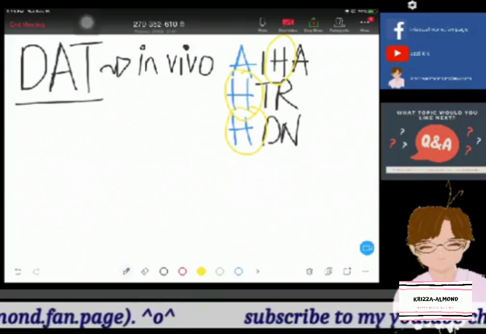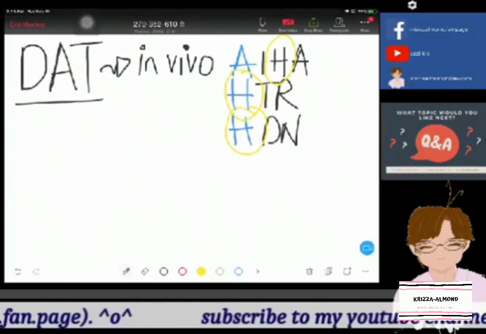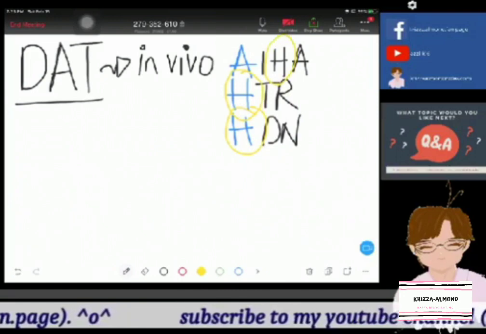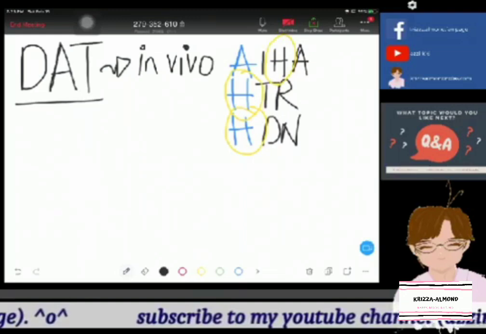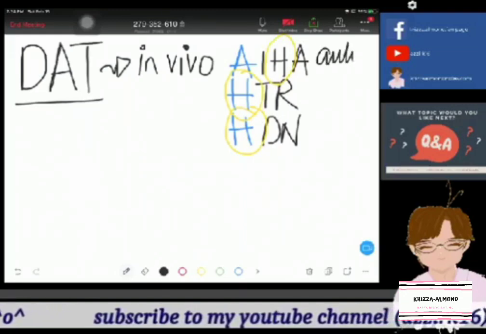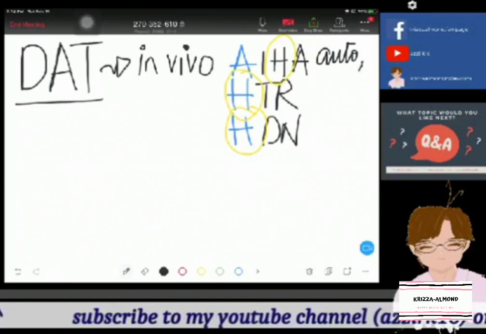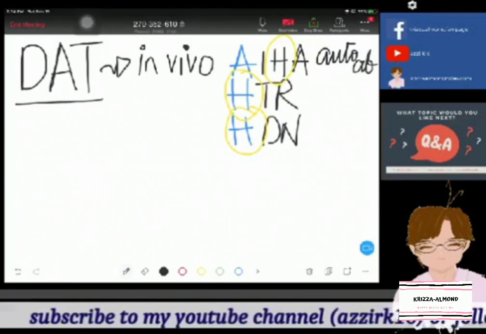By the way, let us review kung ano po bang ibig sabihin nitong mga to. No? Ano ba yung autoimmune hemolytic anemia? Autoimmune hemolytic anemia is when we will see an autoantibody, no, coating an RBC. So, yung autoantibody po yung antibody na may kasalanan sa autoimmune hemolytic anemia. Okay?